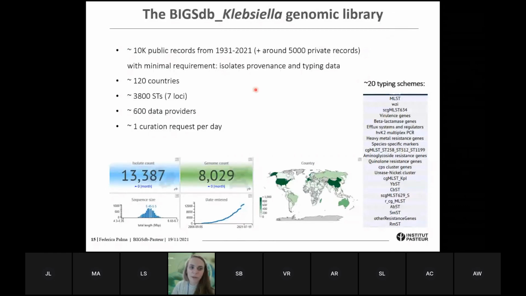These data are from around 120 countries and allow us to define around 4,000 sequence types. And the contribution of this data has been given by hundreds of data providers and allowed us to develop around 20 typing schemes for this genus, for this species, sorry.